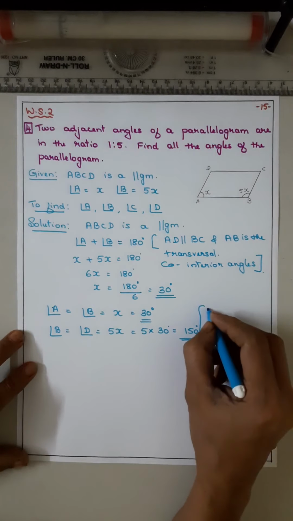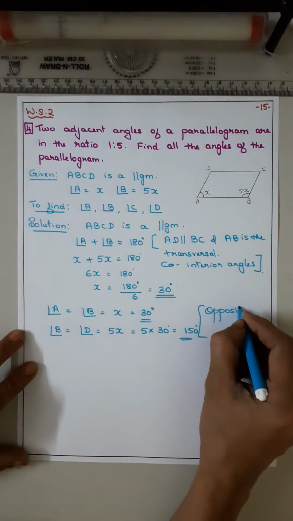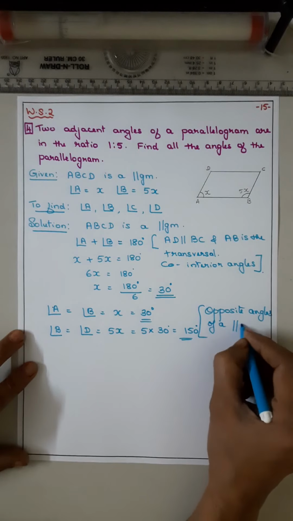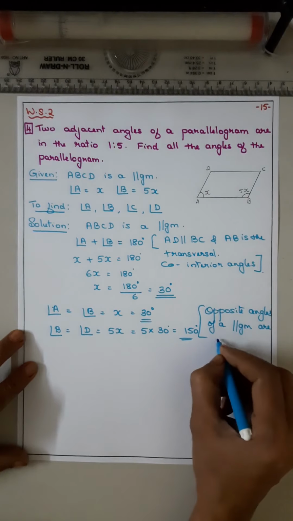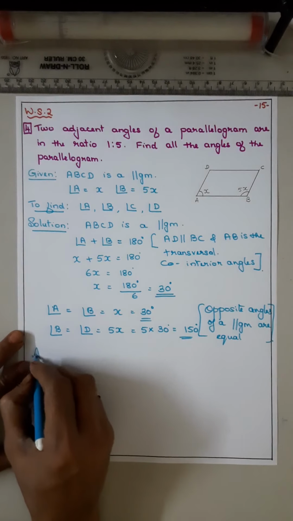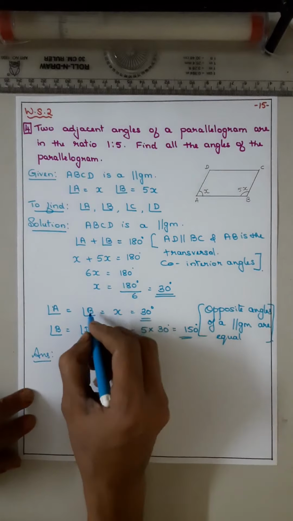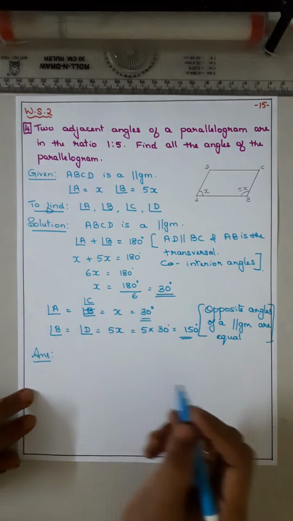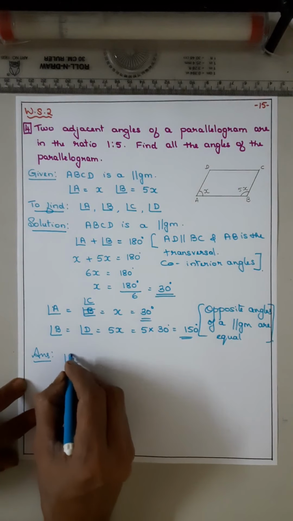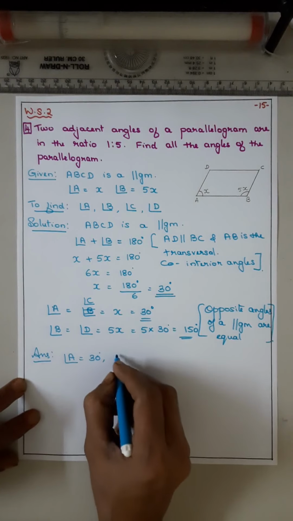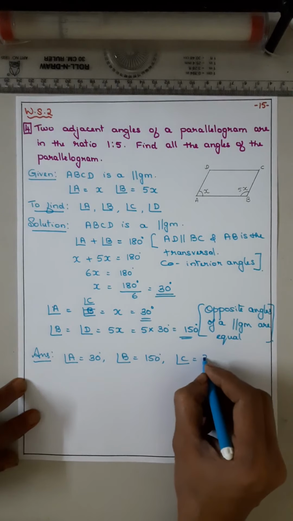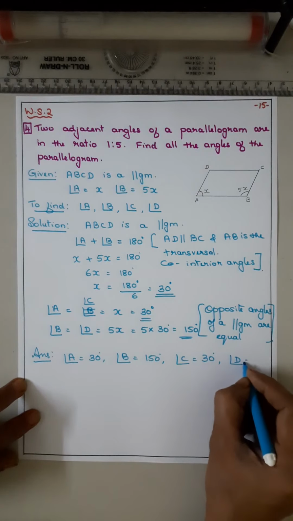Write the reason: opposite angles of a parallelogram are equal. Understood? Answer. Angle A is equal to angle C, angle B is equal to angle D. So angle A is 30, angle B is 150, angle C is 30, and angle D is 150.